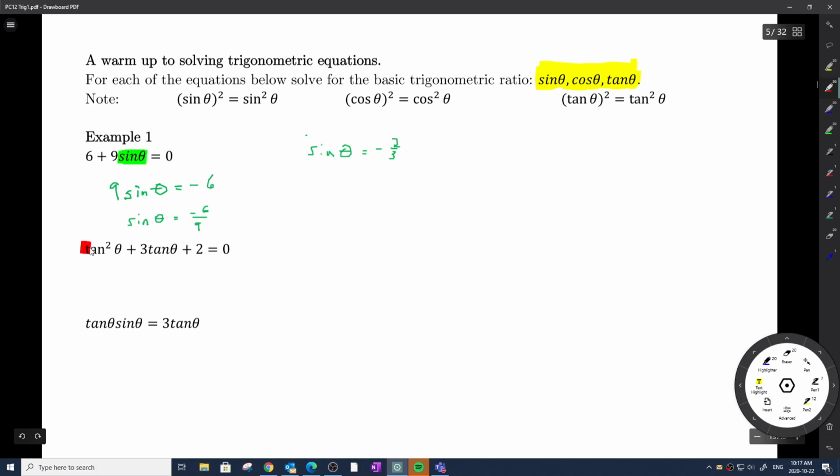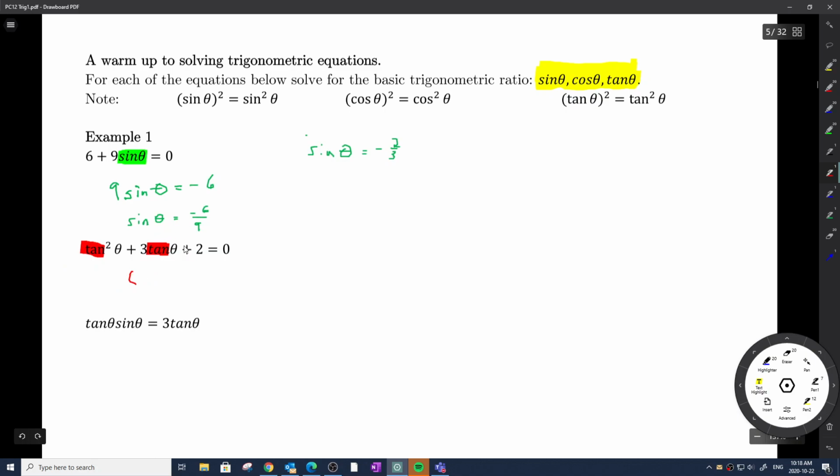So I'm just going to highlight tan ratio in red, and I'm going to treat the red as variables themselves. So I have a variable squared plus 3 times a variable plus 2. This follows a quadratic pattern.